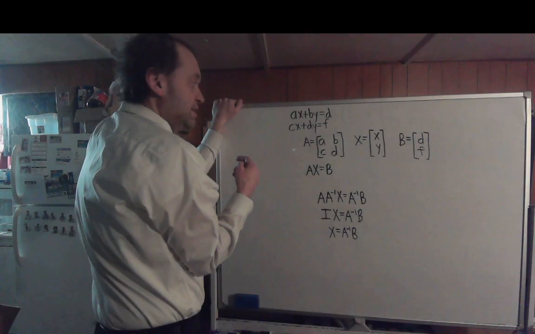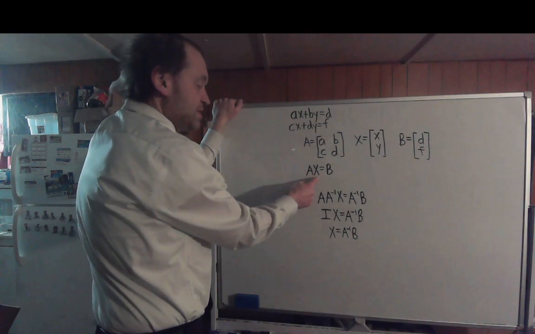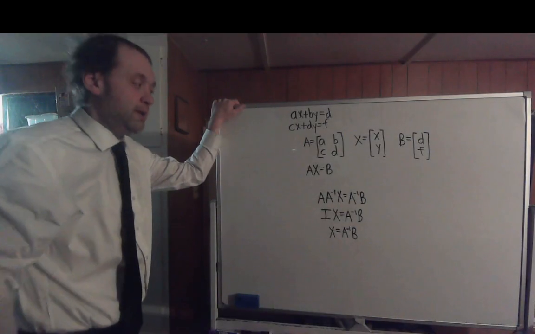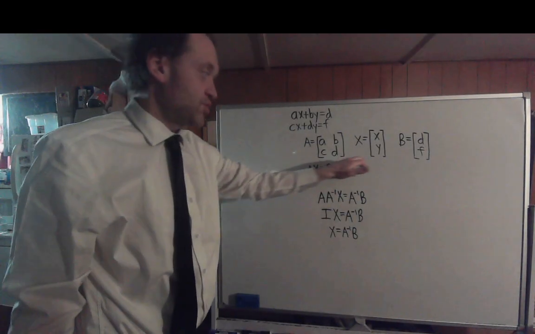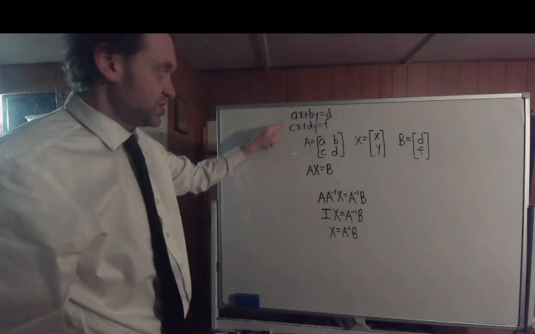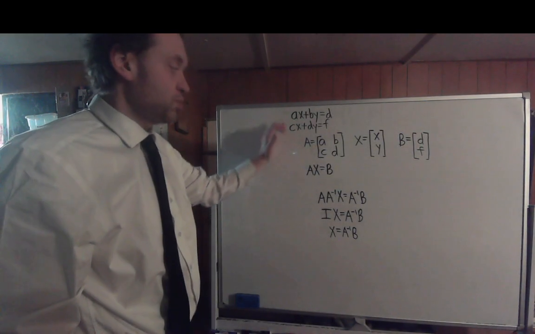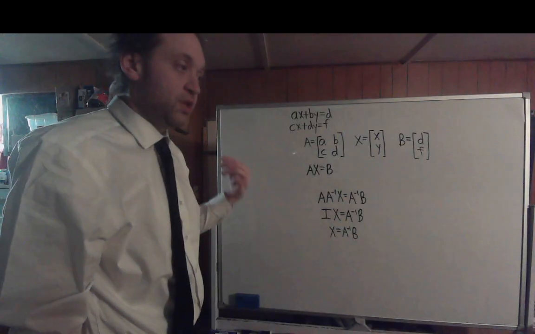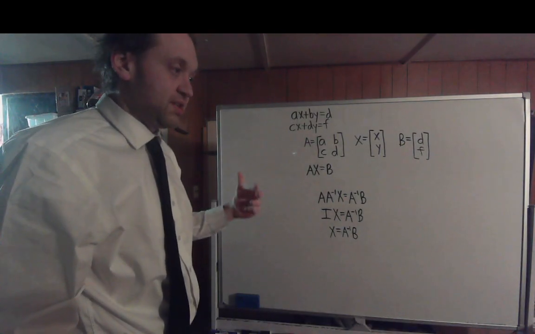The idea is you could take matrix A times X and set that equal to B. And if you actually do the matrix multiplication, you'll get this whole system back. This is just a way to set it up so you can take the inverse of matrix A and solve.